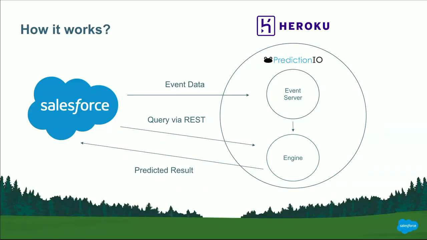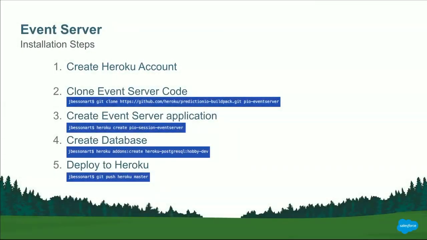Like I mentioned before, every time a user performs an action, an event, in Salesforce, event data is sent to Heroku to be stored on the event server. Then the event server interacts with the agent that feeds from that data. And then Salesforce queries for the prediction and gets the result from the engine. So that is the main flow and how it works.